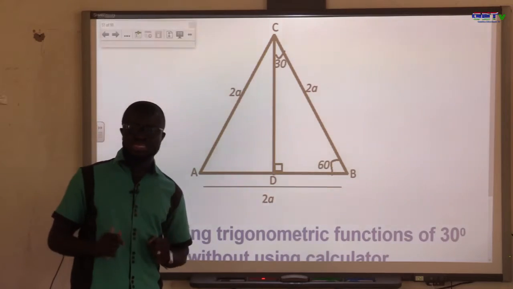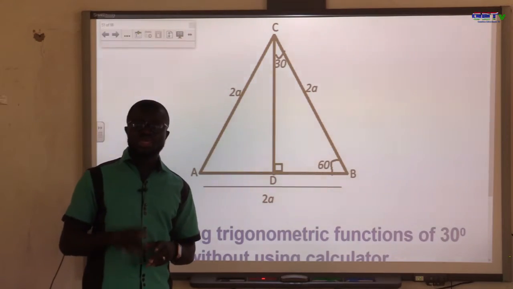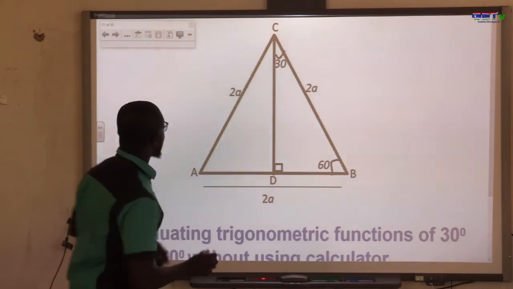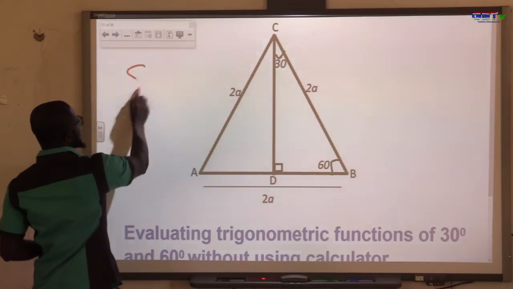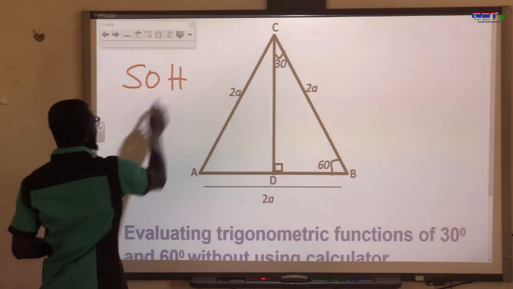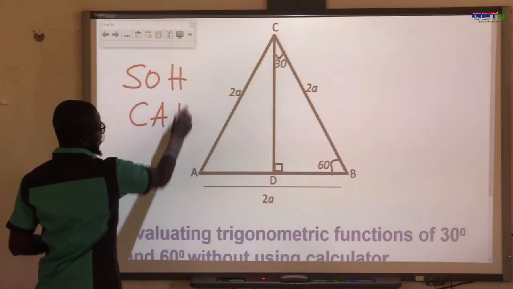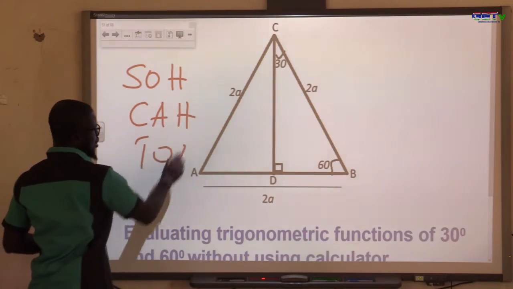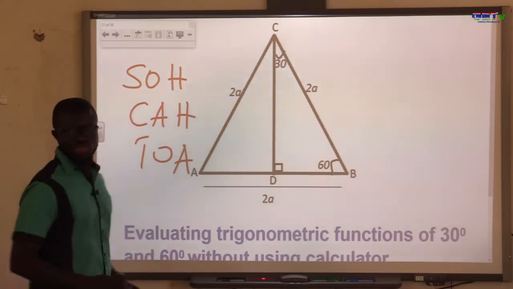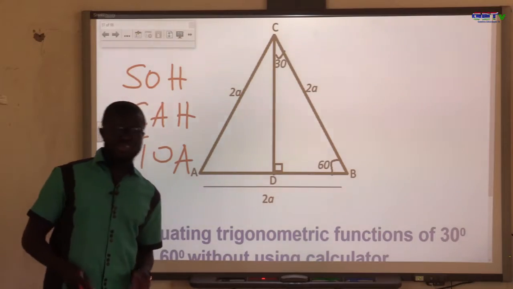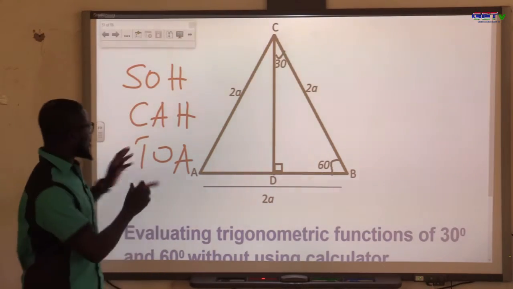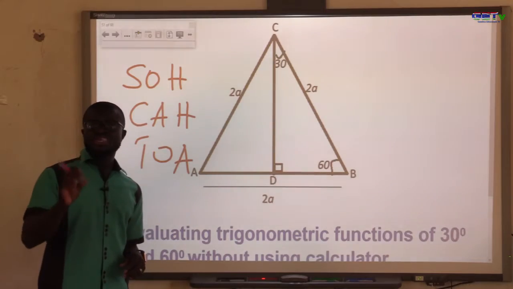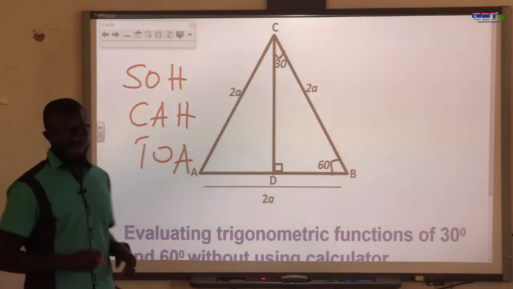Now, what are going to be these trigonometric functions? Remember in your previous lesson, your teacher taught you how to remember these trig ratios using the acronym SOH CAH TOA. And I believe he further went on mentioning the reciprocals of each of these ratios. So these are the components that we are going to look at today.